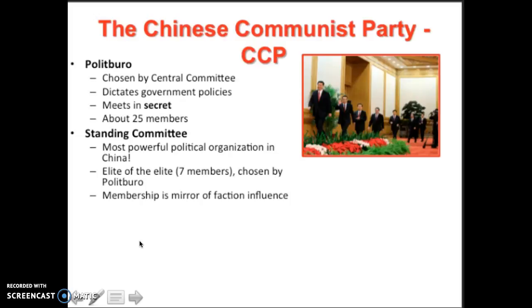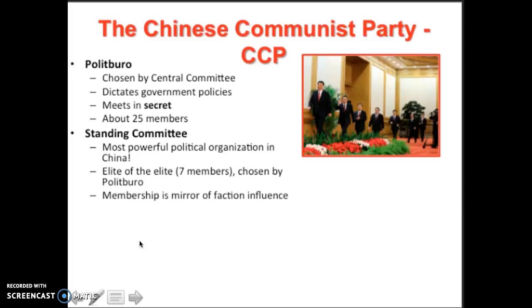The Standing Committee chosen 5 years later, in 2002, included Hu Jintao. The Standing Committee 5 years later, in 2007, included Hu Jintao and Xi Jinping, and then the Standing Committee in 2012 included Xi Jinping. So you have a lot of overlap of who's actually in the Standing Committee.